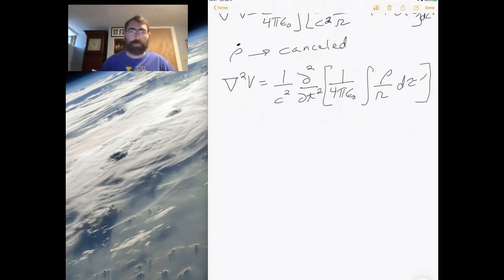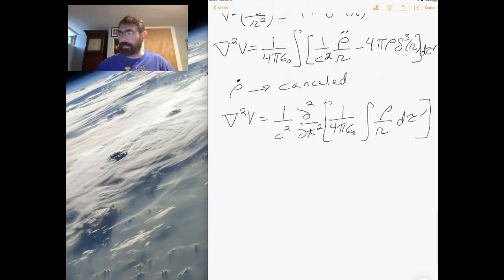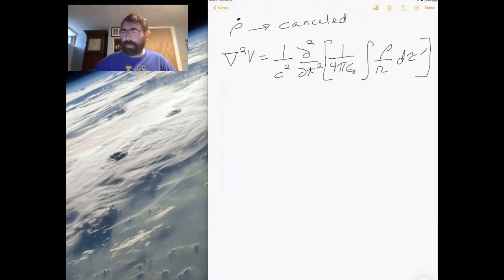That's the first term. And then the second term has the delta function in it. When you integrate over that, it just gives you the function at that position r. So the second part is minus rho as a function of space and time divided by the permittivity.